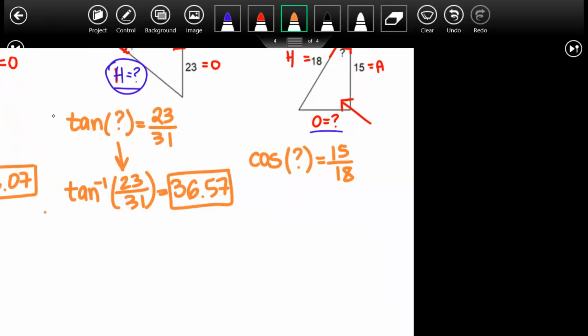I'm going to convert it. Oh, this is inverse? We're looking for an angle, so it's always going to be inverse. When is it not? When they give us the angle and we're looking for a side. That's what I do next.